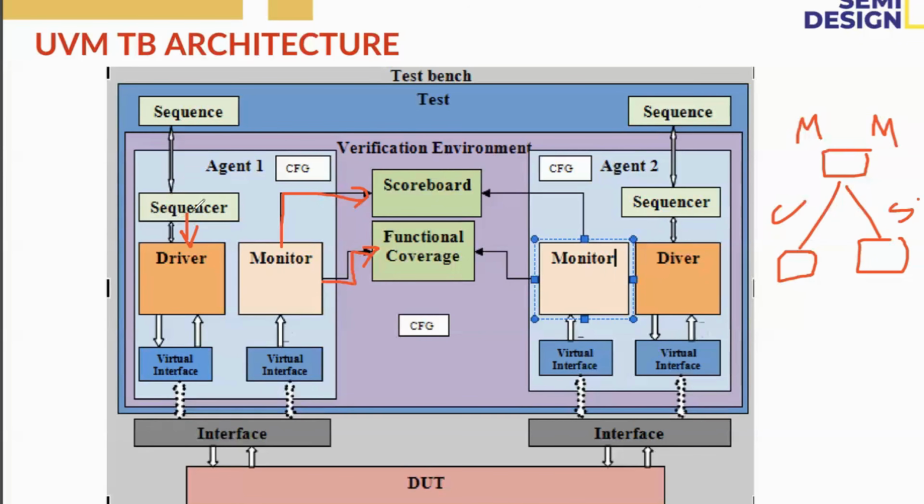So here in TLM port, we have the export, we have the imports. By using the export and import, we can select what is the transmitter and what is the receiver. Sometimes you can make a sequencer as a transmitter and driver as a receiver, or a sequencer as a receiver, driver as a transmitter, like various from different agents and from different blocks.